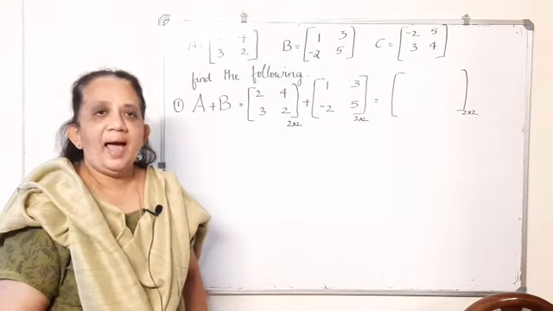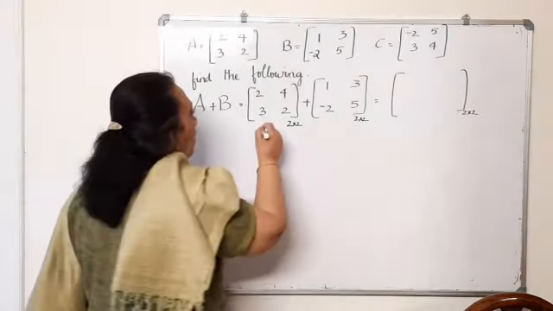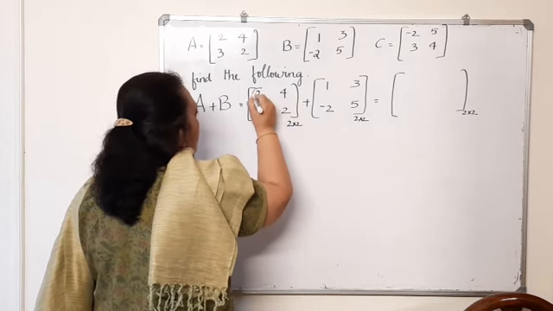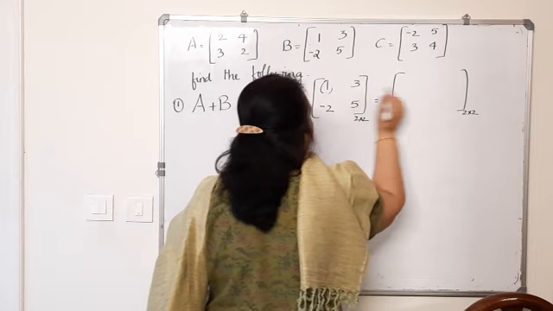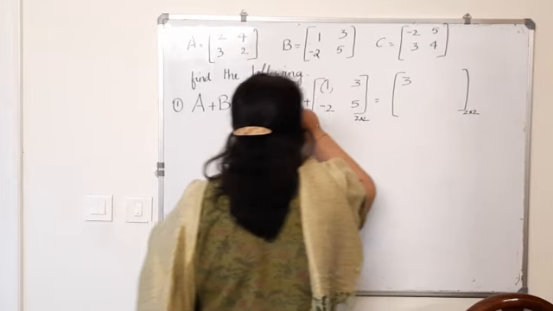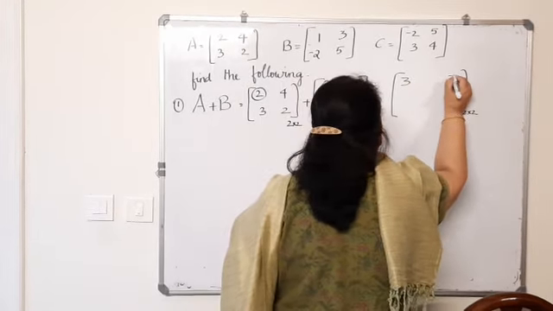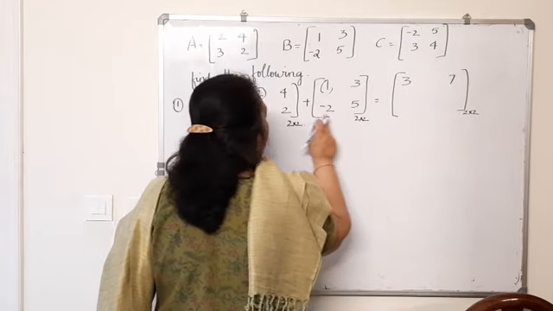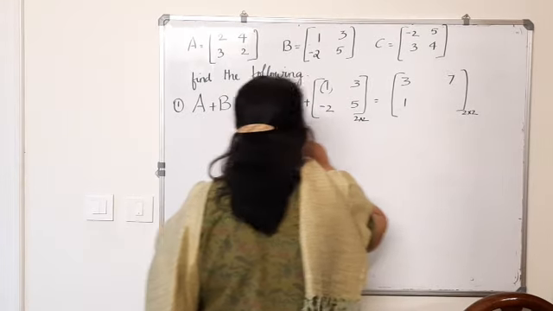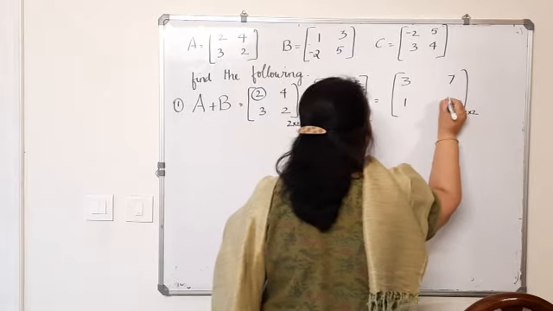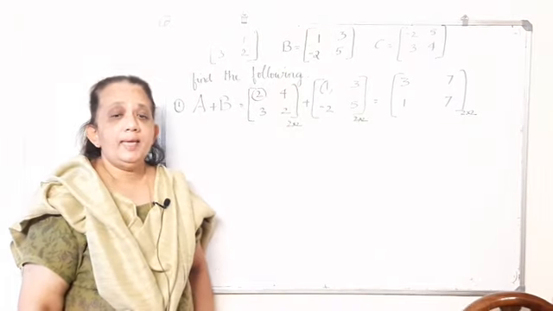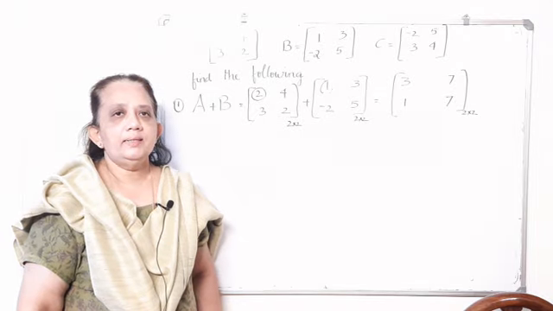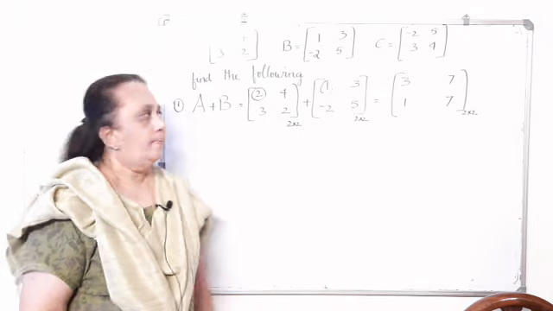How do you add them? Add the corresponding elements. 2 plus 1 is 3. 4 plus 3 is 7. 3 plus minus 2 is 1. 2 plus 5 is 7. Add the corresponding elements.